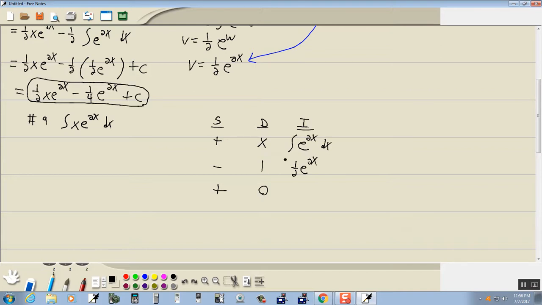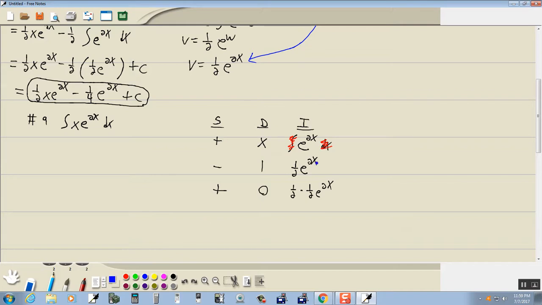Now I'm not going to put the integral and dx there. It's implied on these. So for this next one, the 1/2 carries down out in front. And we've already said the integral of e to the 2x dx is going to be equal to 1/2 e to the 2x. So again, these aren't actually part of this. I was just doing that to emphasize we're finding the integral.